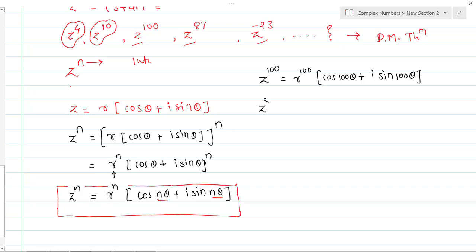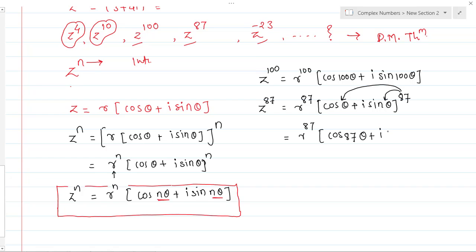Z to the power 87 is equal to r to the power 87, cos theta plus i sine theta to the power 87, which can be written as r to the power 87 into cos of 87 theta plus i sine of 87 theta. That's great.